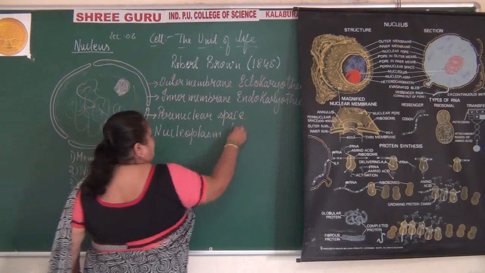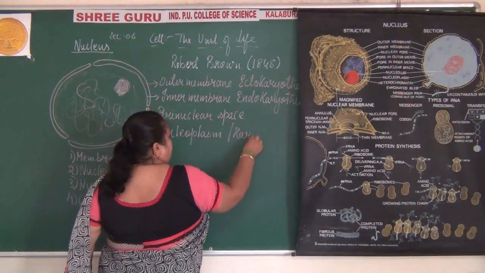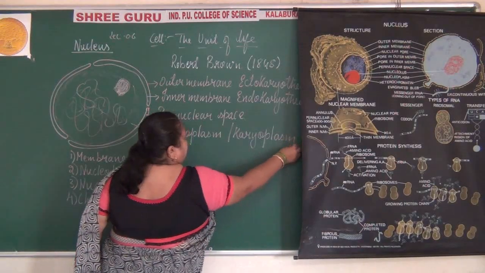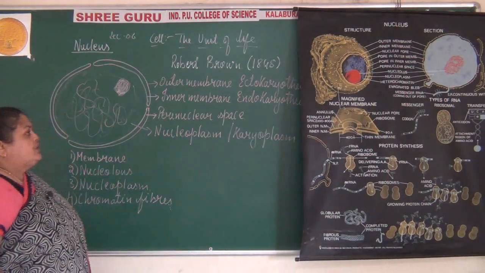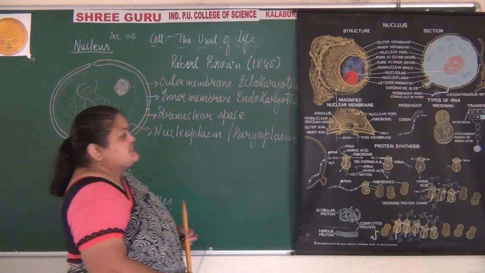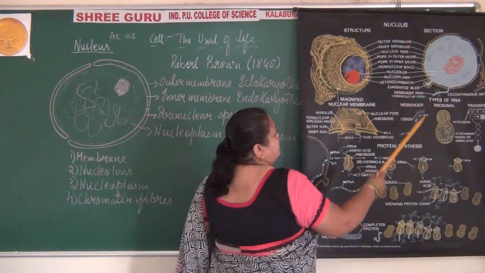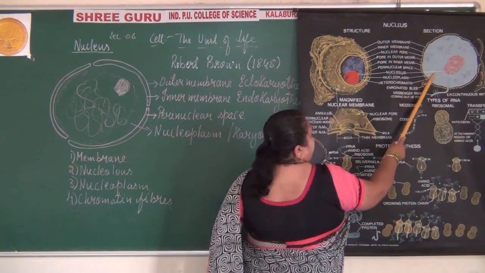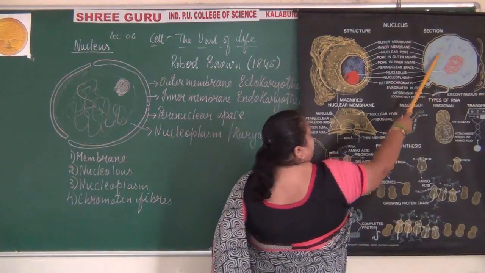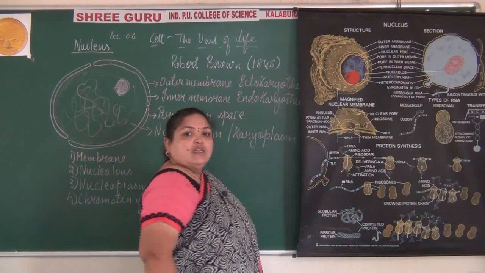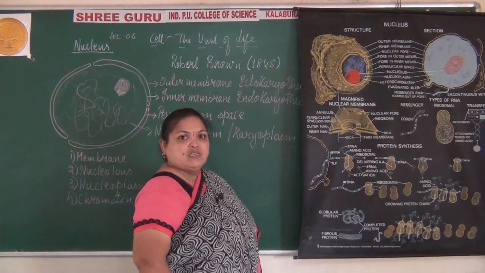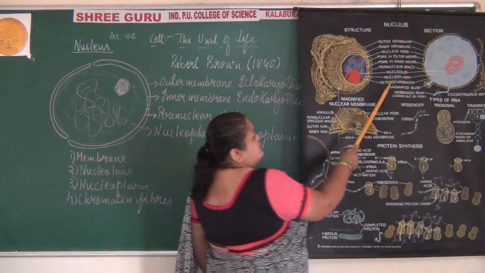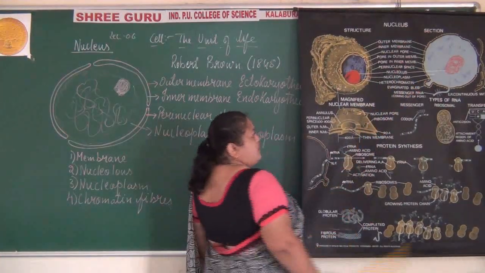Nucleoplasm is also known as karyoplasm. So inside the nucleus, you will find a fluid-like substance. That fluid ground substance present inside the nucleus is known as the nucleoplasm.